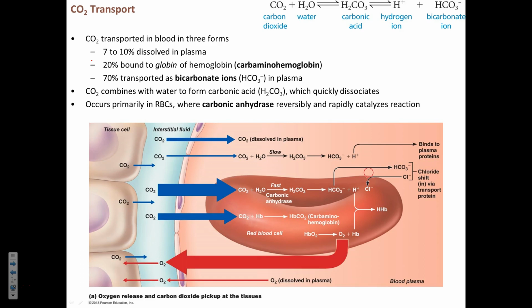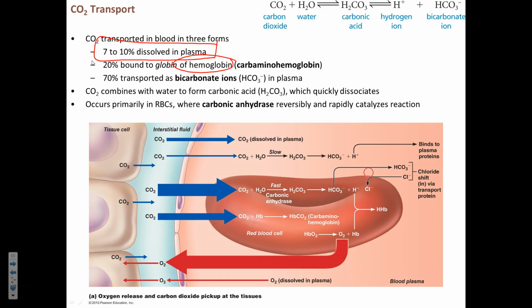The problem with CO2 is that it doesn't really bind to hemoglobin that well. So there are three ways to transport CO2. It can be transported just dissolved in plasma as the CO2 molecule. It can bind to hemoglobin. About one fifth of it binds to hemoglobin, forming carbaminohemoglobin.